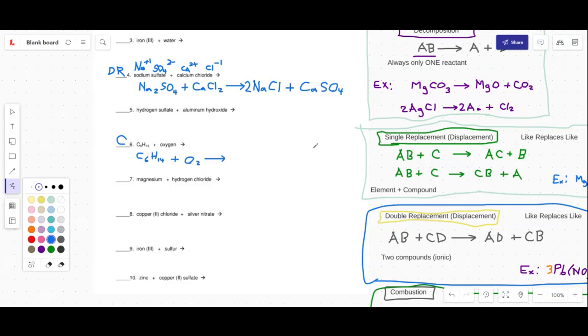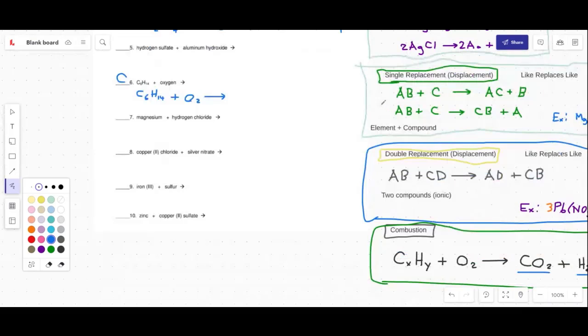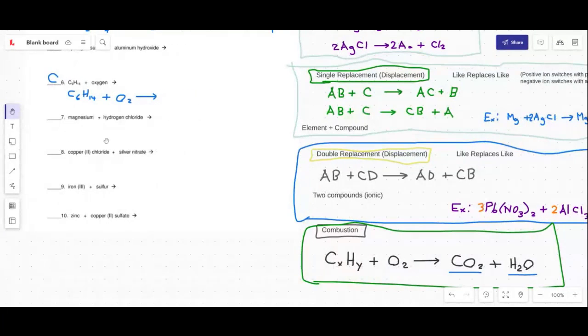And since it's a combustion reaction, the products are always the same. What are the products of a combustion reaction always?